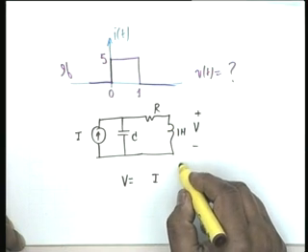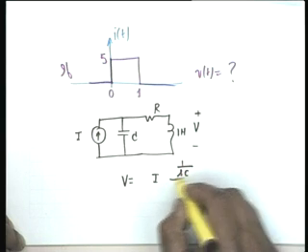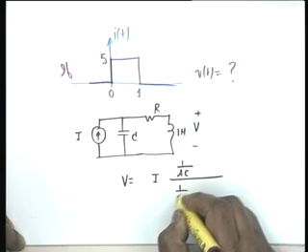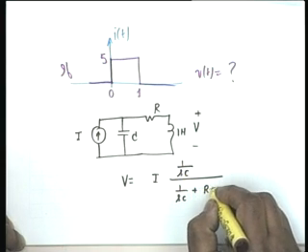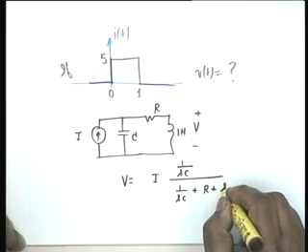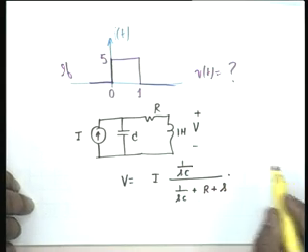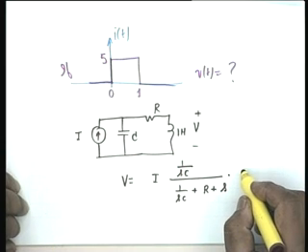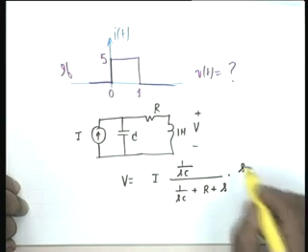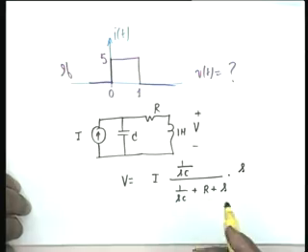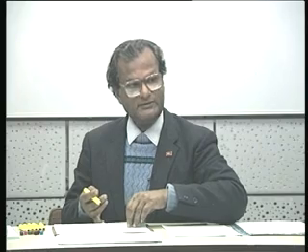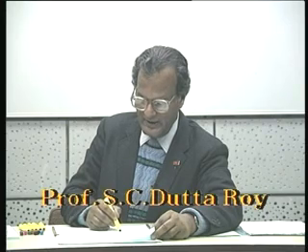The current would be 1 over SC divided by 1 over SC plus R plus S, L being 1 Henry. This is the current through this branch, which should be multiplied by S to get the voltage. Is that point clear? So the transfer function V by I would be equal to 1 over C.